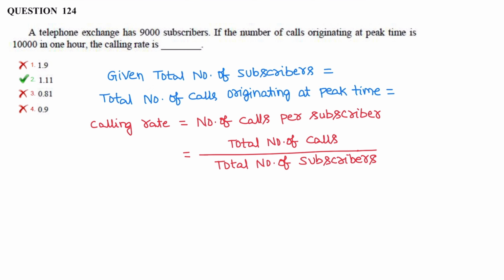Calling rate is the number of calls per subscriber, that is total number of calls to total number of subscribers. Total number of calls is 10,000 per hour and total number of subscribers is 9,000. The answer is 10 by 9, its value is 1.11. Therefore, option 2 is the correct answer.